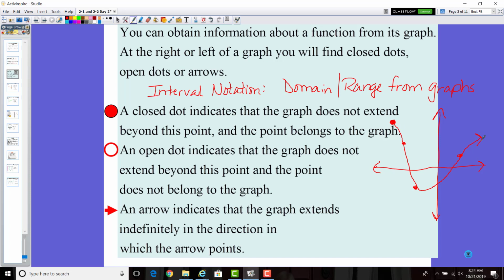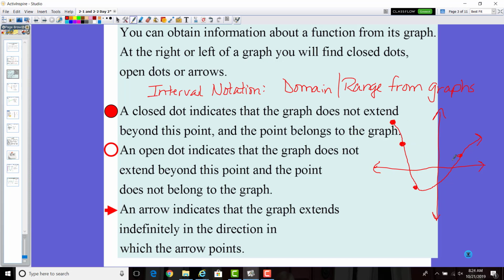I'm going to put a point here and an arrow here. Once I connect any two ordered pairs on an xy coordinate plane, I now am no longer able to make a list of x values and a list of y values that make up that graph, because there are an infinite number of x values and y values between any two given points.